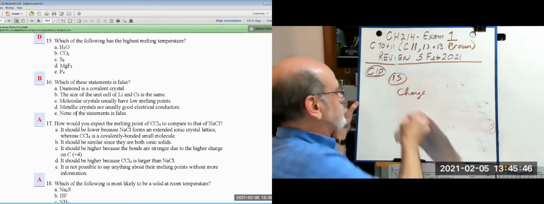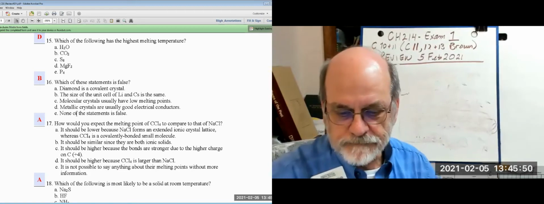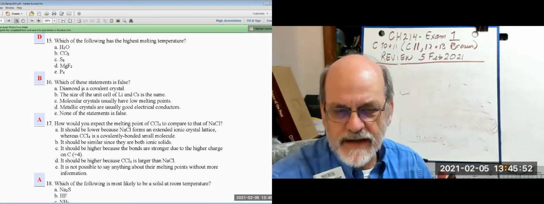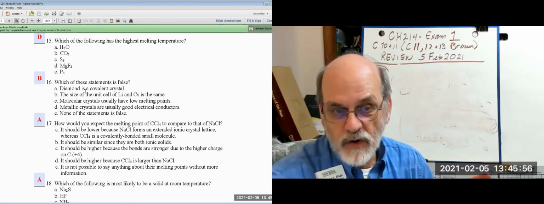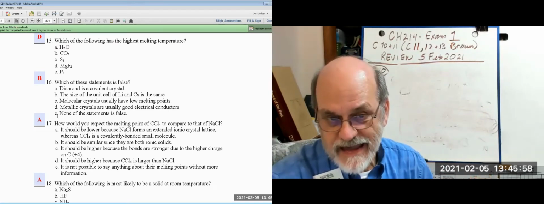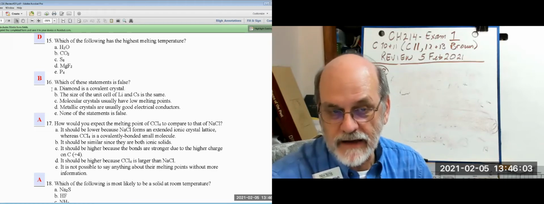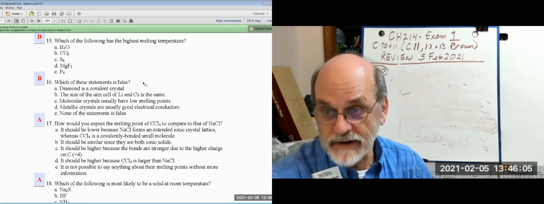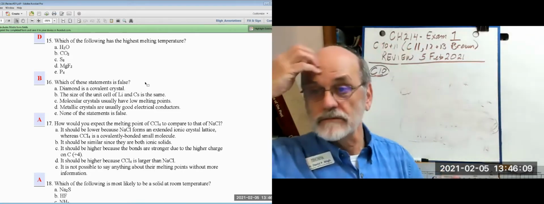How about 16? Which of these statements is false? Either they're all true to satisfy E, or one of them is false to satisfy the statement as given. Diamond is a covalent crystal. Is that true?